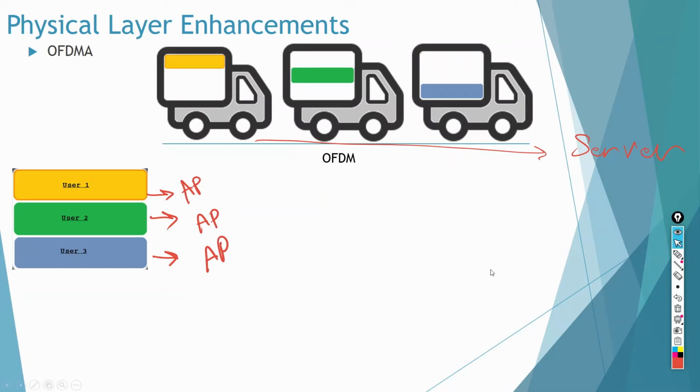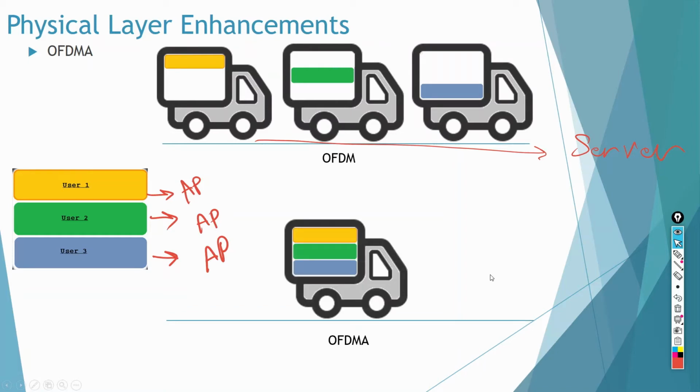Now with OFDMA, the main enhancement that contributes to making Wi-Fi 6 more efficient, Wi-Fi 6 actually looks at the empty part of the glass within the spectrum.